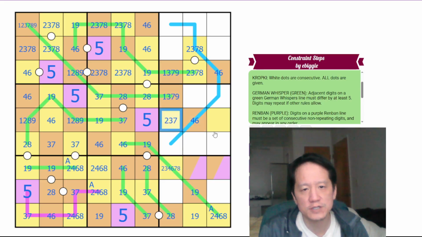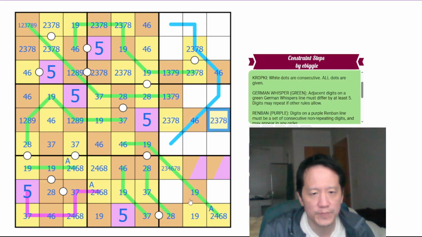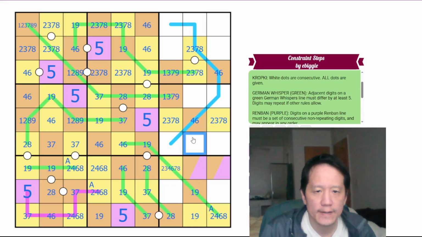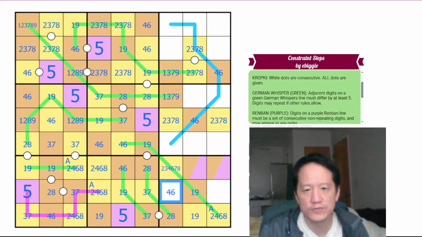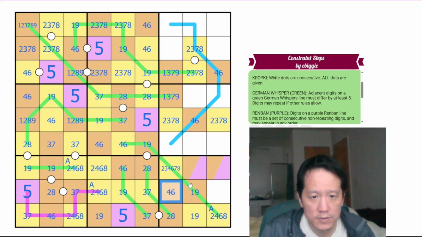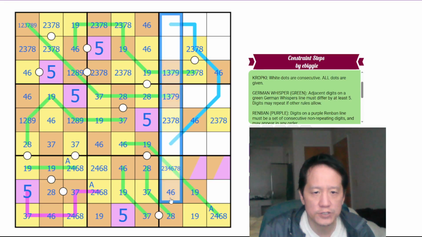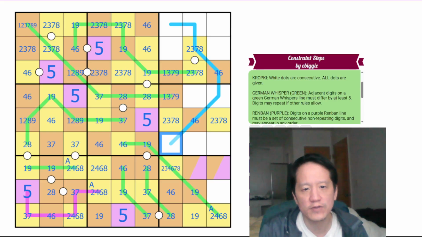This is 2, 3, 7, 8. This is 2, 3, 7, 8. Orange 4, 6 cannot be here. It must be here. So this is orange 4, 6 now. We have all the oranges in column 7. So the rest of them must be yellow or pink.